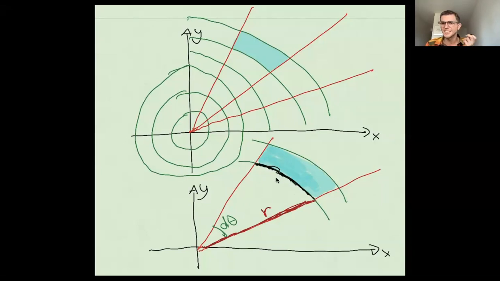If you use radians, that's the reason why you use radians. This black arc has length equal to r times the angle. In this case, the angle is theta, so this has length r times theta. Is that making sense? The black arc that I just drew has length r times theta.